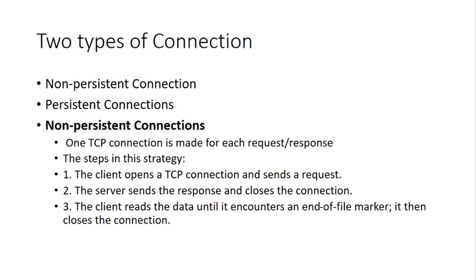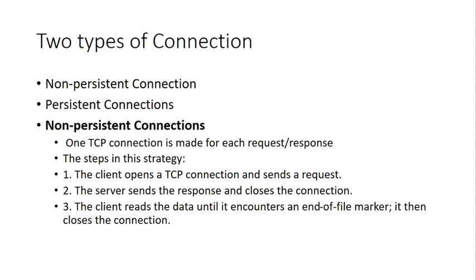The first is either to retrieve each object using a new TCP connection, or the second option being to make a TCP connection and retrieve all the objects altogether. So this first method is referred to as the non-persistent type connection, and the second one is the persistent connection.